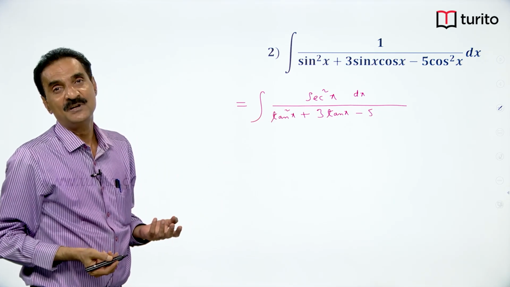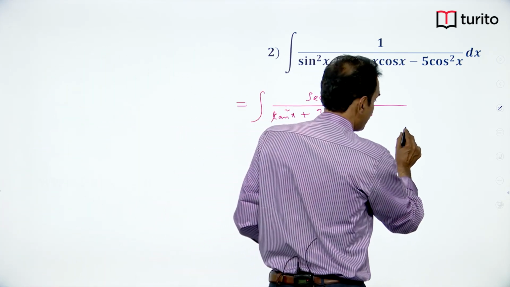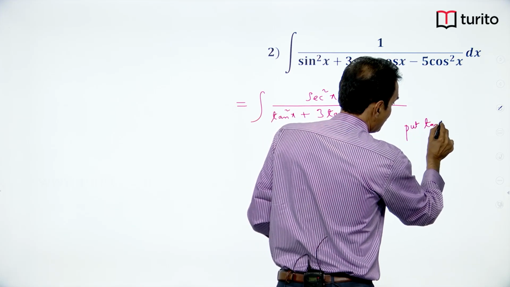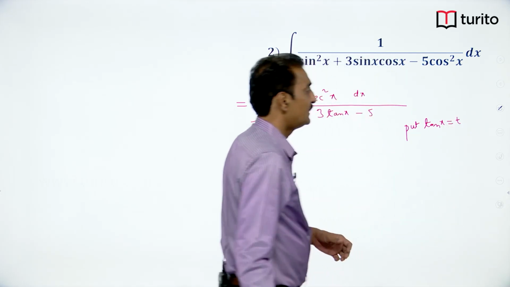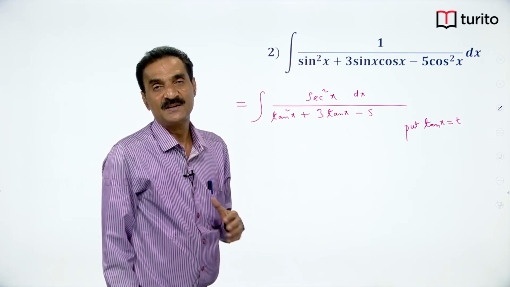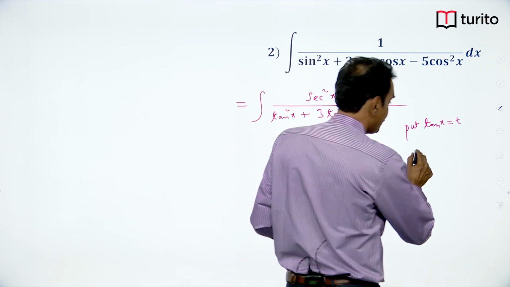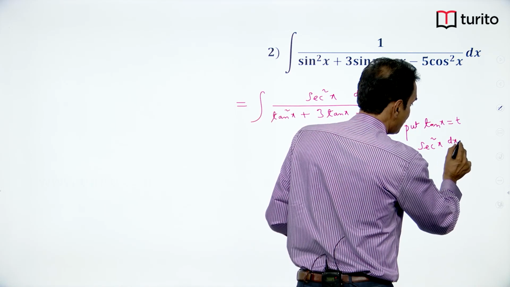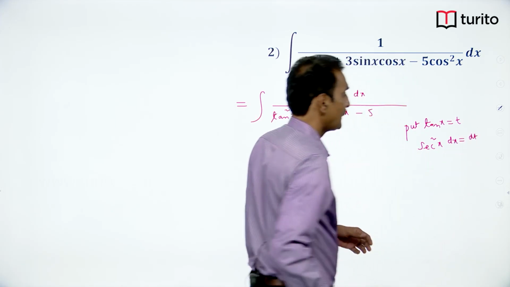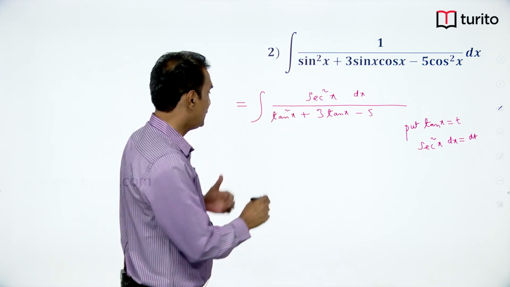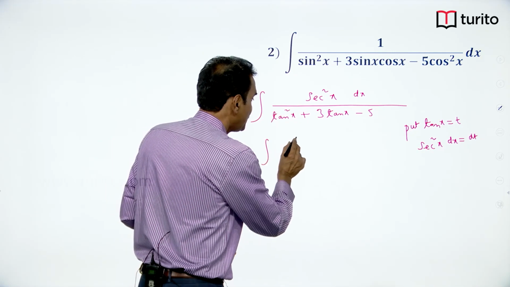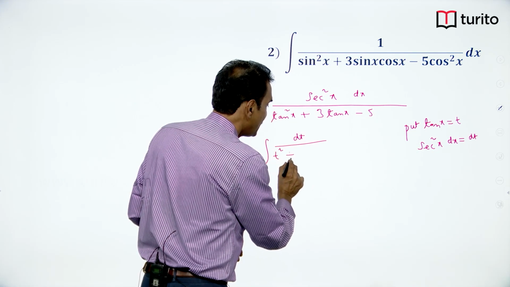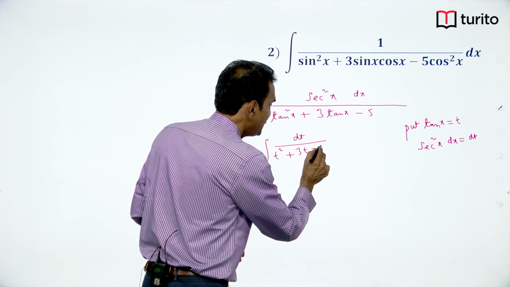Substitute tan x is equal to t. Then secant square x dx is dt. Then it will be integral dt upon t square plus 3t minus 5.